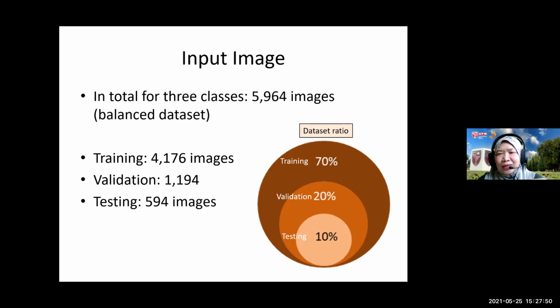So that's why I am performing the blur detection using the variance and also the resolution method. Yes, because we want to make sure the image that we feed into the deep learning model is clean data.